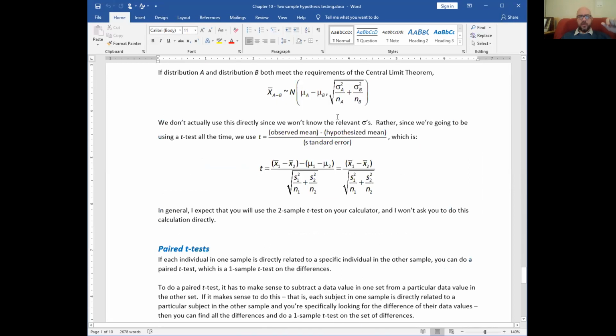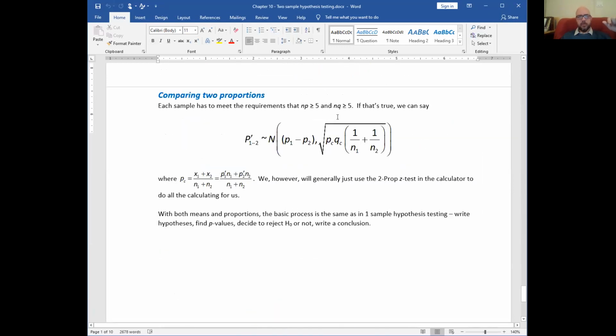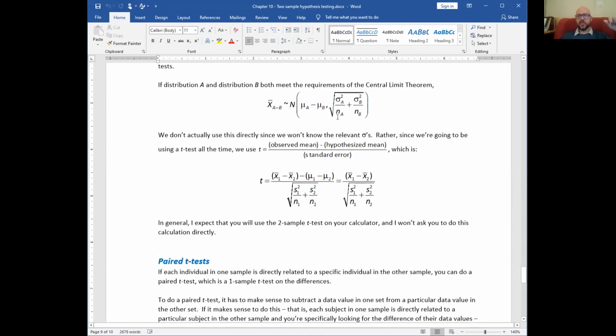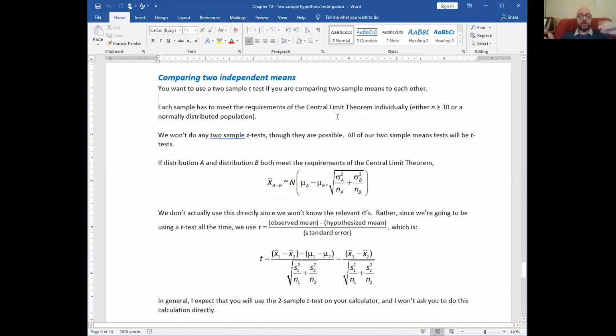And then we learned how to do a 2-sample t-test, or 2 independent sample, I should say, comparing 2 independent means. T-test, right, where we found out what the sampling distribution of all possible differences of means from 2 different samples is.